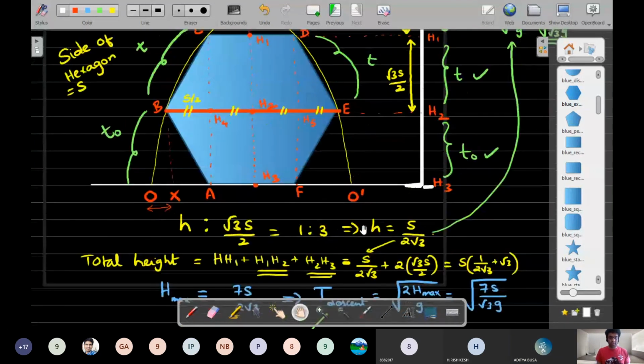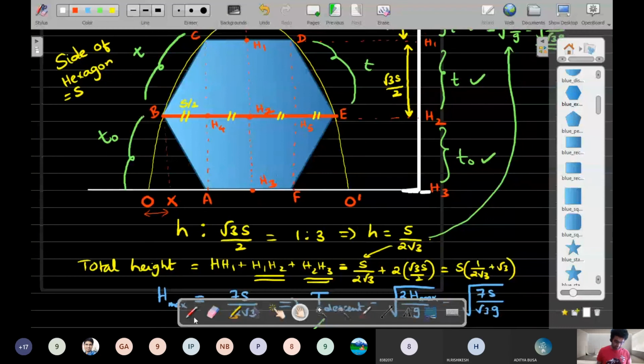Therefore, the total horizontal range now is nothing but OX plus XA plus A. I think all these are S by 2. So how many S by 2s are there? This, and this, right? And another S by 2 here. So there will be 4 S by 2. So 2S, and then there will be 2 OXs. Here there will be X prime, which will be mirroring this thing.